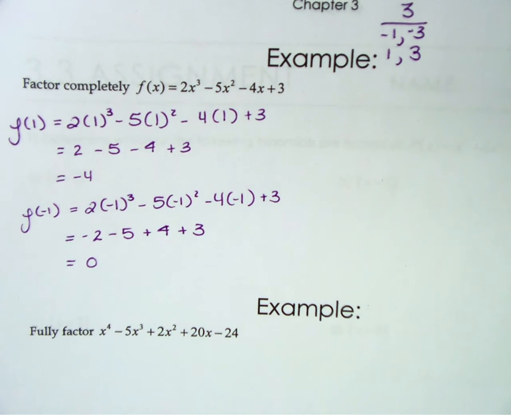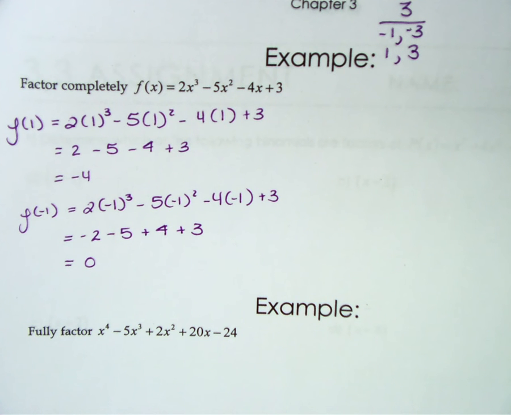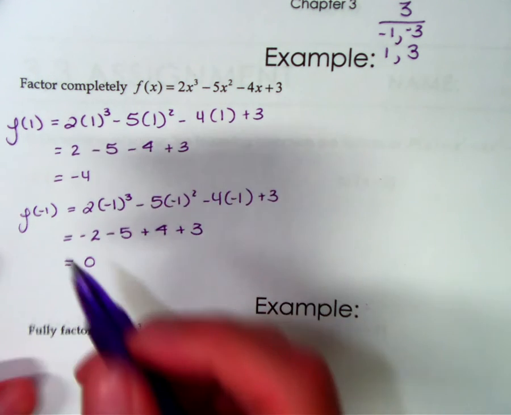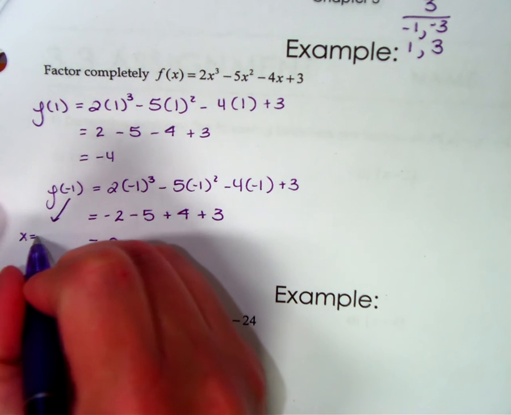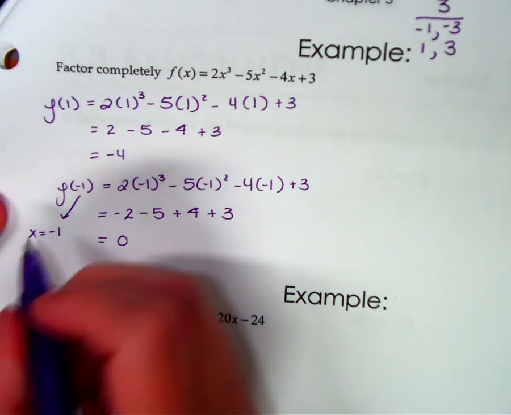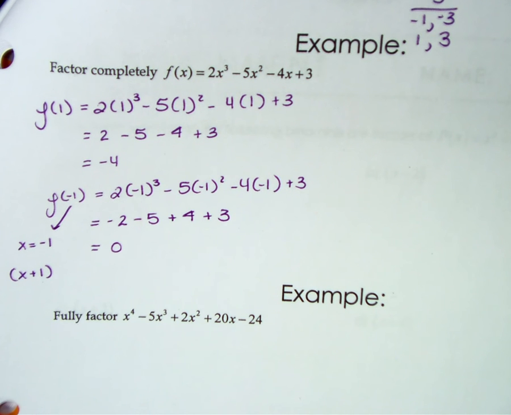Okay, so I started at 1 because that's my easiest one to do. So if I put negative 1 in here, that means x is equal to negative 1. So if I work backwards and put it as a factor, it's going to be x plus 1, right? Just keep that in mind.